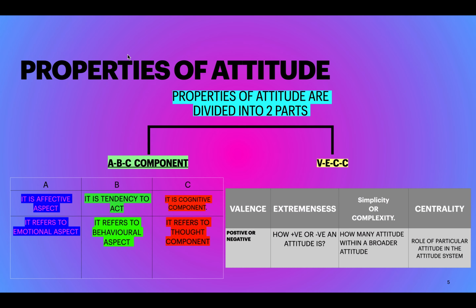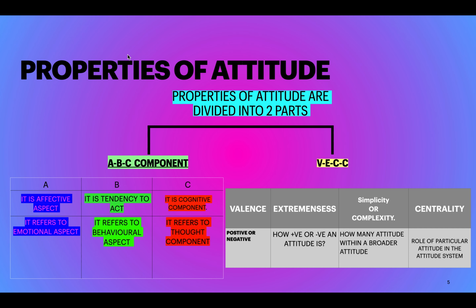Now, coming to properties of attitude. I have divided the properties of attitude into two parts. First is the ABC component, and second, which I created while making this slide, is the VECC component.